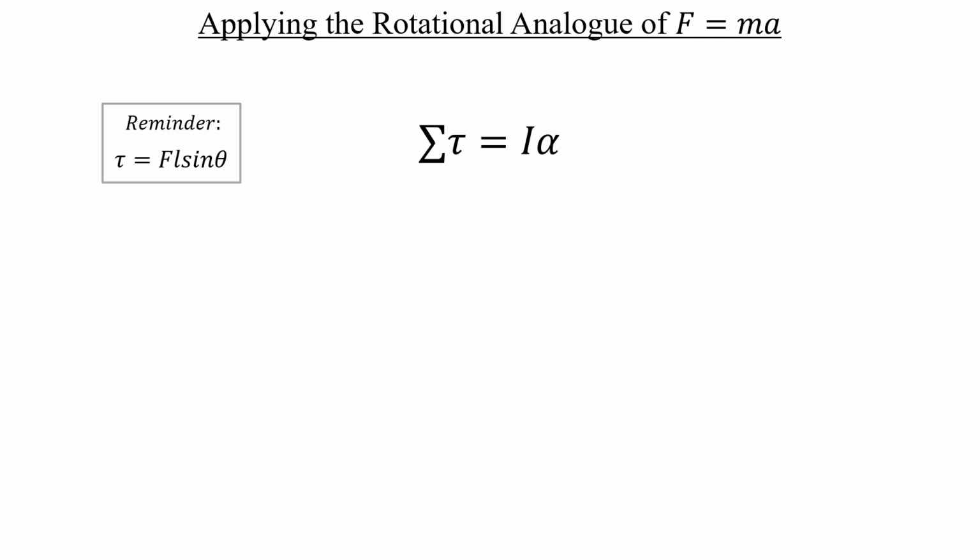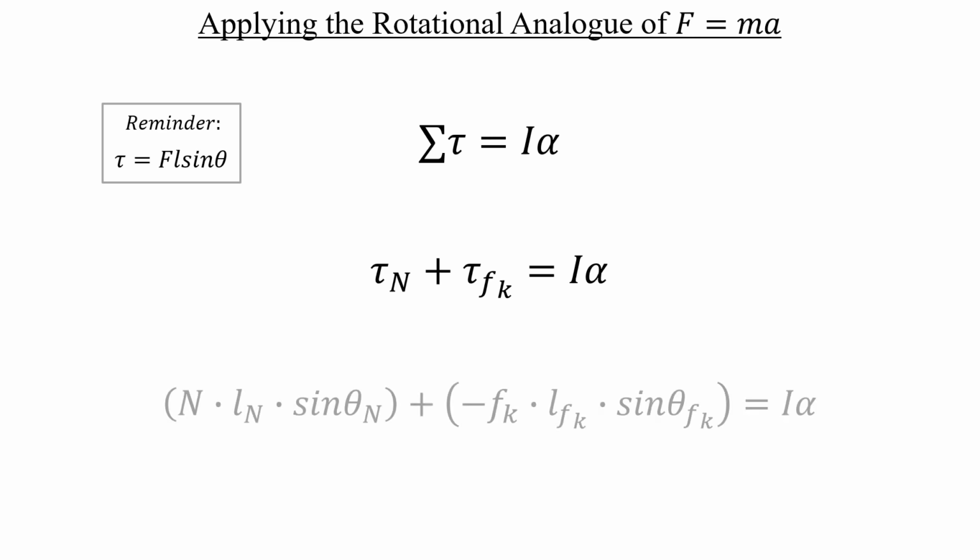Coming back to our net torque expression, the normal force and the kinetic friction force will each have their own torque contribution on the left-hand side, which are both relative to the point O, the center of the grindstone. Let's fill in their definitions.